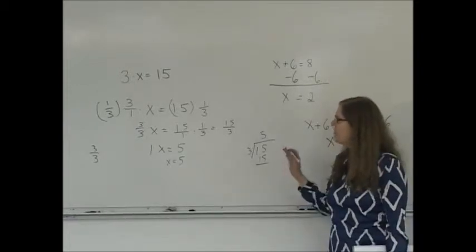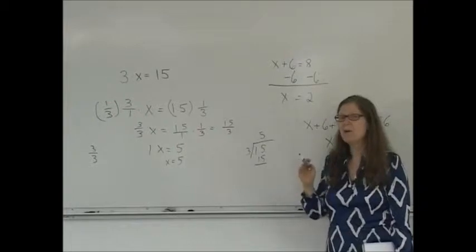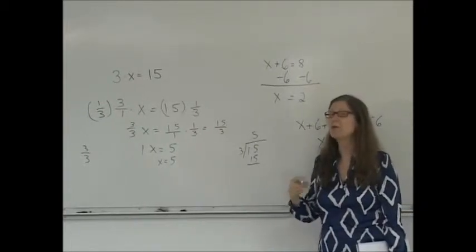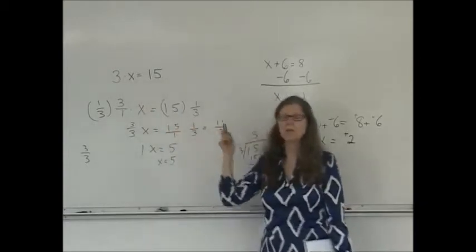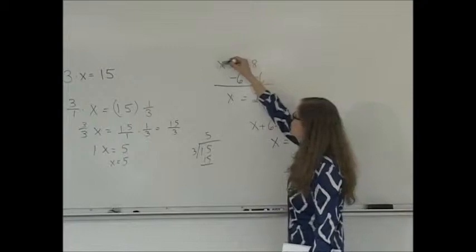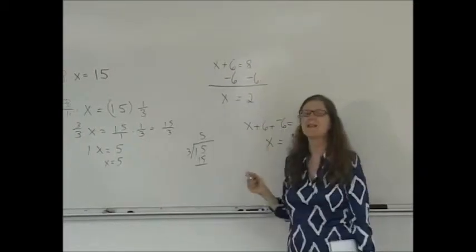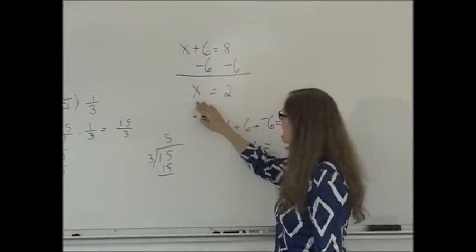So this is how we solve a problem where we have a number in front of x. Some number of x's equals some number. Whereas notice that in the earlier problem we had just 1x, but we had something added to it. When we have something added to it, we've got to get x by itself.